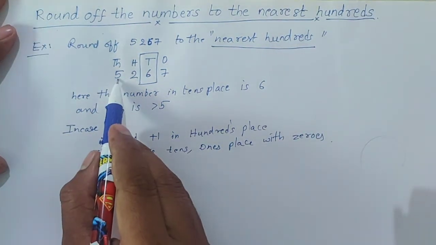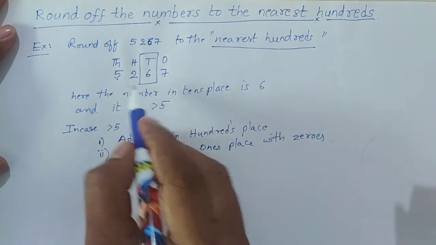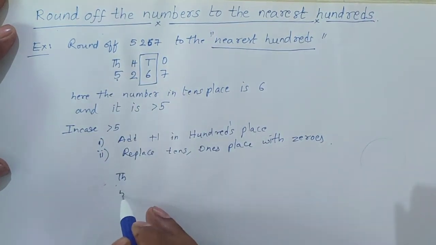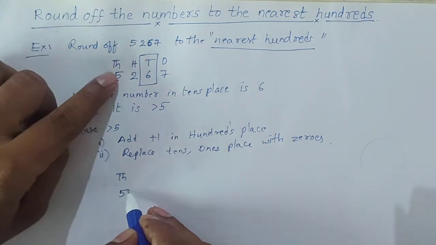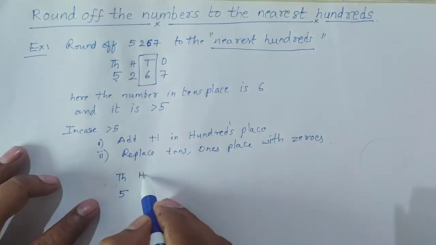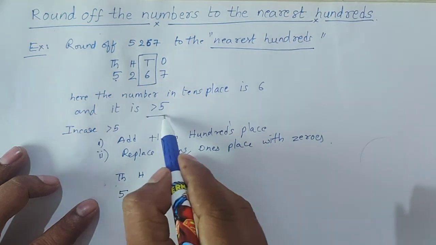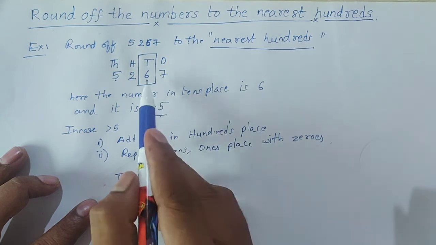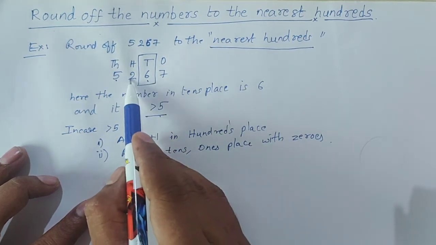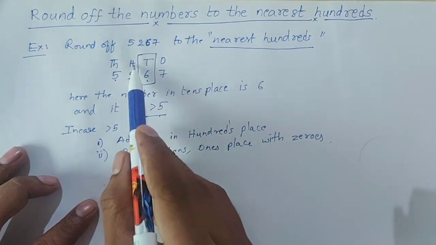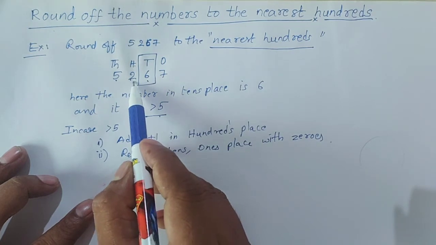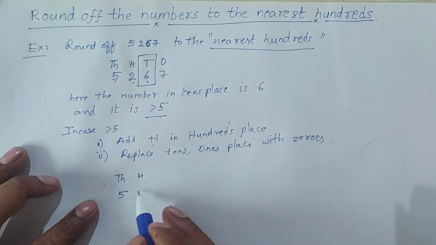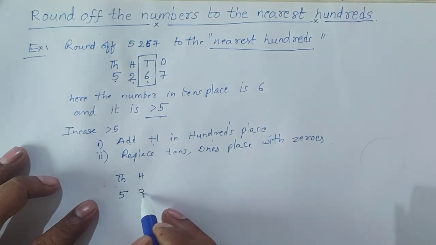So first you have to write the 5 as it is. There is no change in the thousands place, so you simply write 5, and then comes the hundreds place. Since the number in the tens place is 6 and it is greater than 5, you have to increase the number in the hundreds place. In the hundreds place we have number 2, so we add 1 there, therefore the number becomes 3.